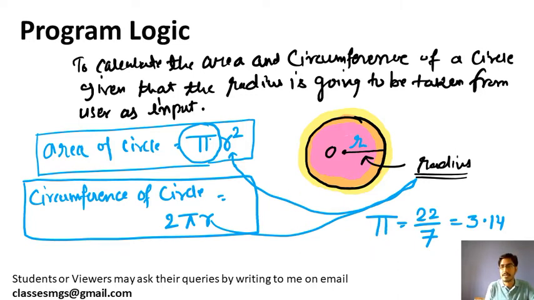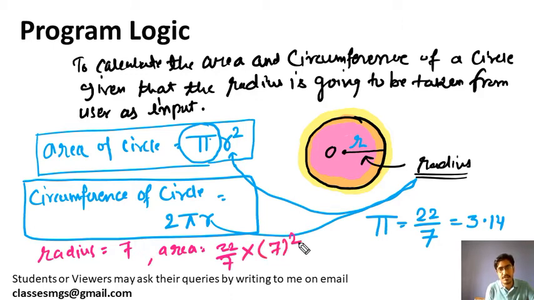Let's suppose I am solving a problem. Let's suppose radius is given as 7, then the area can be calculated by 22 by 7 into 7 square, so 22 by 7 into 49, we can divide it, we will get 7.